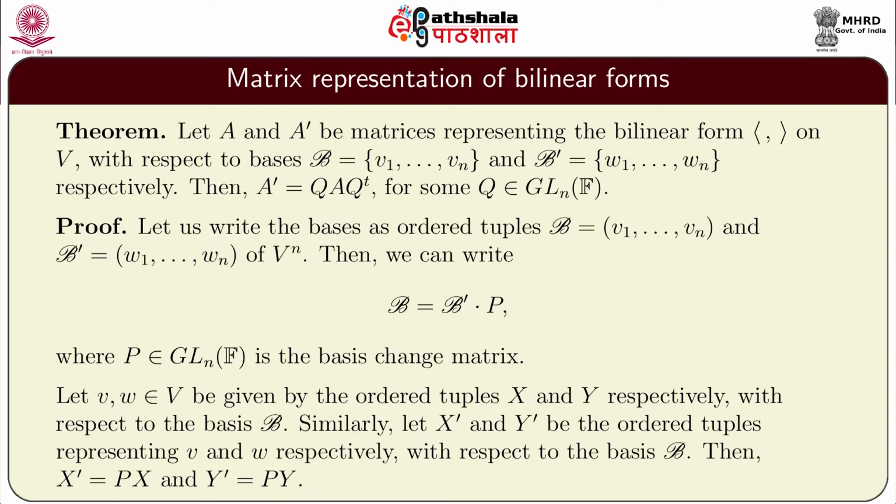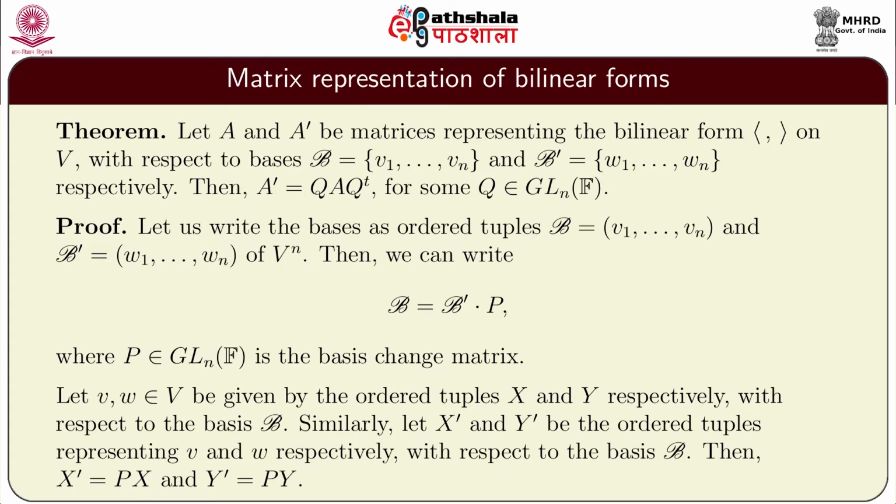Now let v and w be vectors in V, and with respect to the chosen basis B, suppose that x and y are the ordered tuples representing v and w respectively. And similarly, let x dash and y dash be ordered tuples representing v and w respectively, with respect to the other basis B dash.